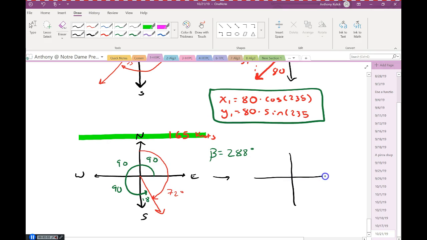So, again, what we're trying to do now is I want to take this angle and resolve it into horizontal and vertical components.